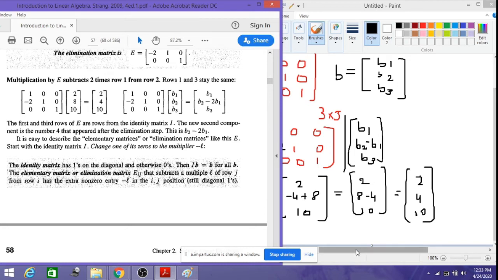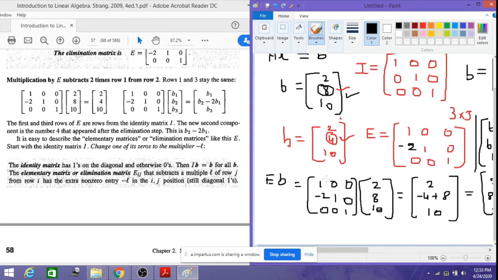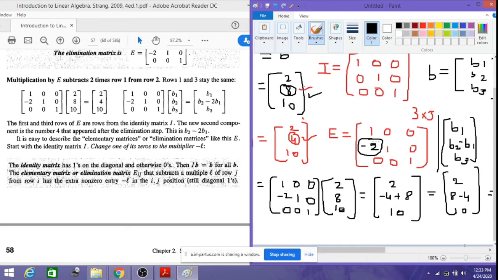So here, what is our multiplier? The multiplier term is this -2. That is what you can see from here. So I have modified my identity matrix by placing it here. It's very simple. If you want to eliminate the second component by some factor, you have to put that here.